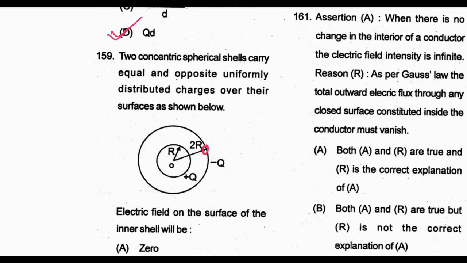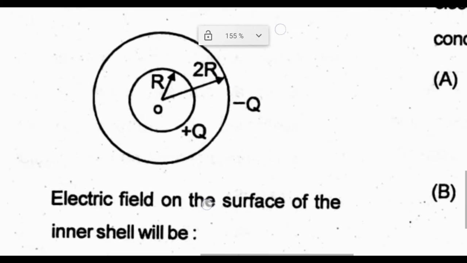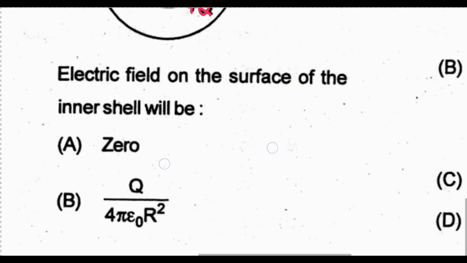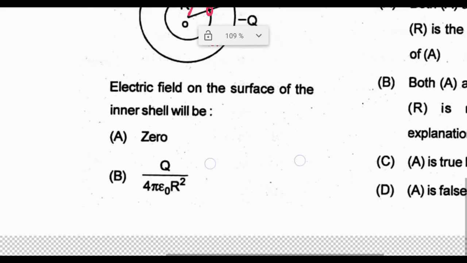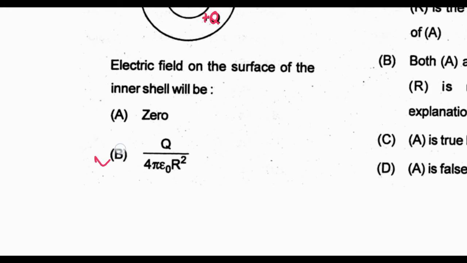Two concentric spherical shells carry equal and opposite uniformly distributed charges over surfaces. So the inner shell is not this one, the inner shell is this one, and here the radius is r, and we are getting q. So what will the electric field be? Electric field will be q by 4 pi epsilon naught r square, simply this one.